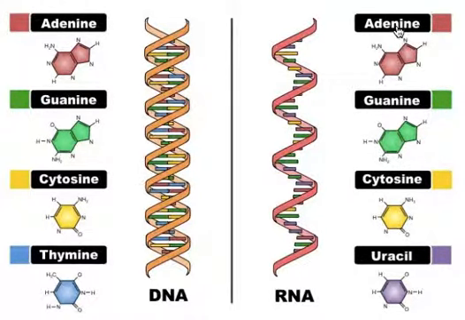Now, adenine in RNA is always going to pair up with uracil, not thymine, but uracil. And then guanine always pairs up with cytosine. Okay, so just to recap here, when we're talking about a DNA structure, adenine is always going to pair up with thymine, and cytosine always pairs up with guanine.